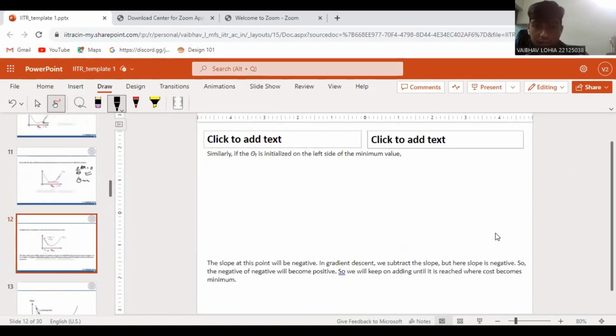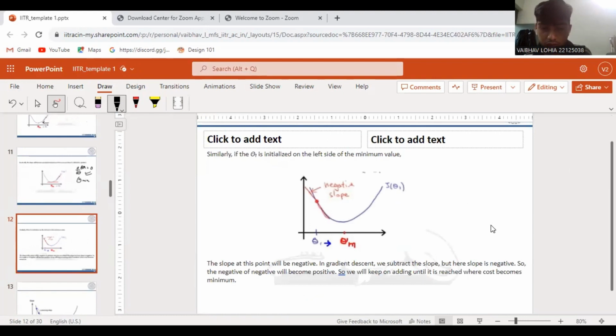You might be wondering what the case is when the slope is negative. The case is similar, because the derivative of J theta will be negative, so our theta 1 would be greater than theta naught.